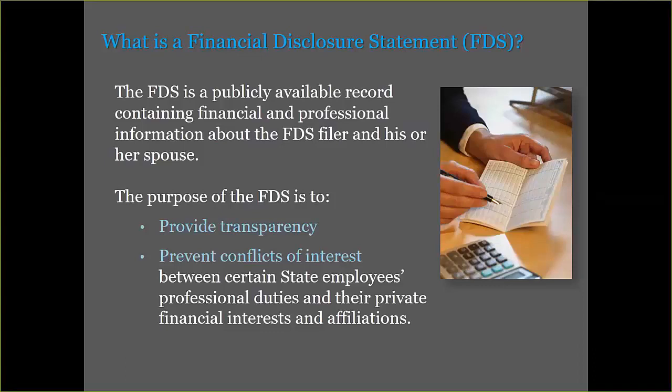That's an important thing for your filers to know. However, it is confidential in a lot of ways. But the whole purpose of the FDS form is to provide transparency and a mechanism to find any potential conflicts of interest before it becomes a problem. So that's what it's all about.